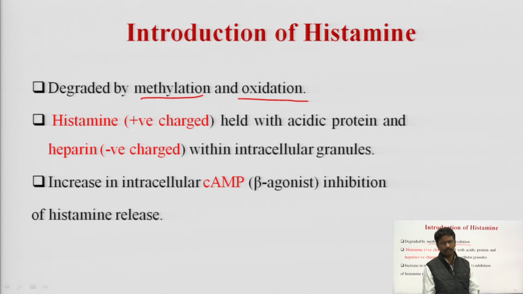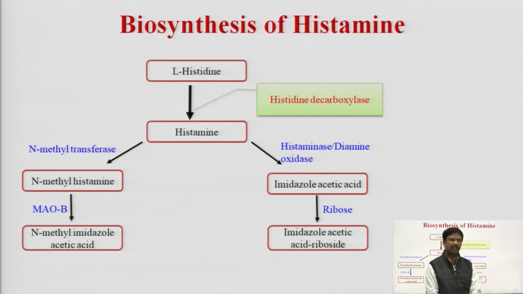If we take a beta agonist, indirectly there is an increase in the cyclic AMP that may lead to the inhibition of what? Histamine release. So you have to remember that beta agonist may decrease the release of histamine. Now let's move to the biosynthesis of the histamine.